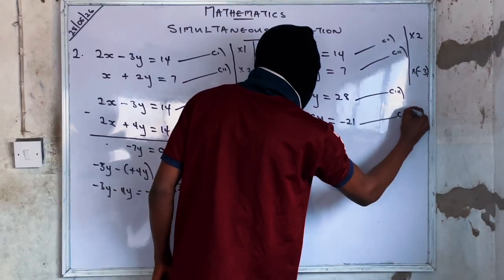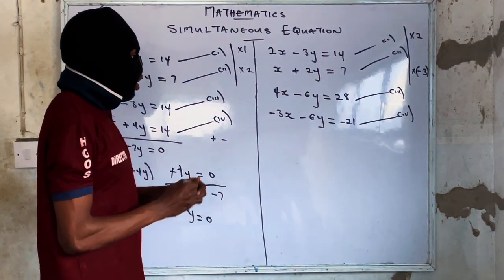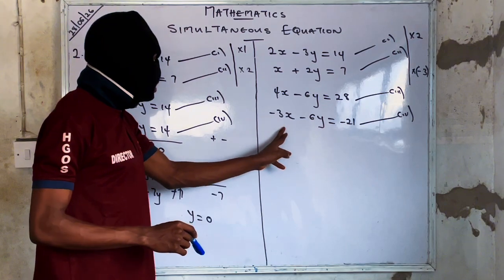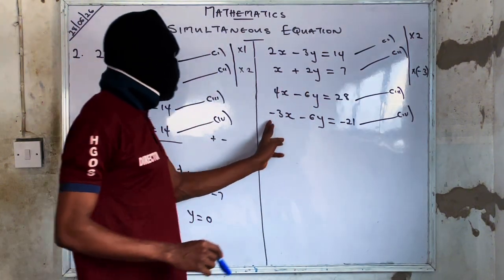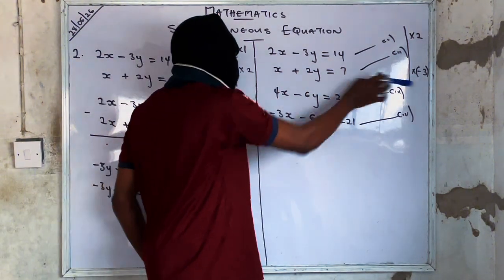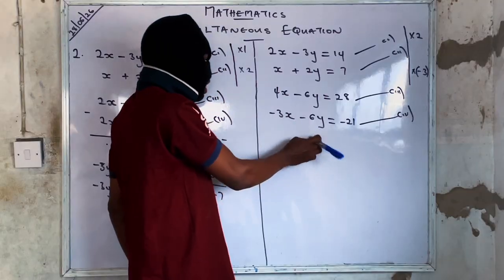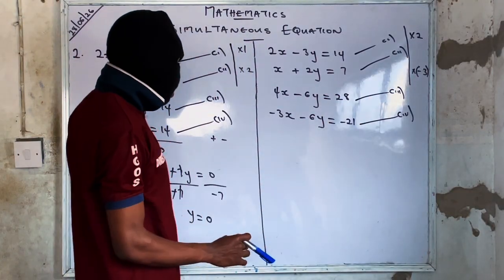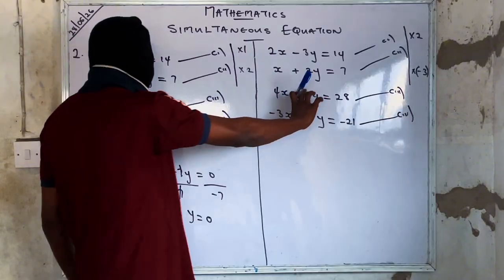That is equation 4. Don't forget your minus. Minus 3 times x is minus 3x. Then minus 3 times plus 2y is minus 6y equals to minus 3 times 7, which will give us minus 21.